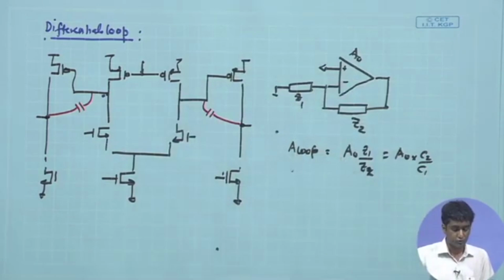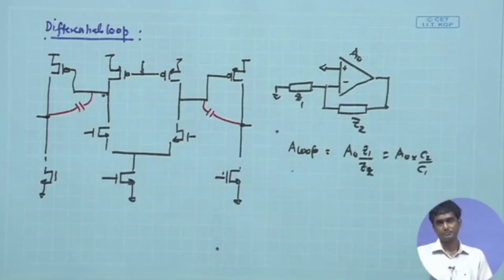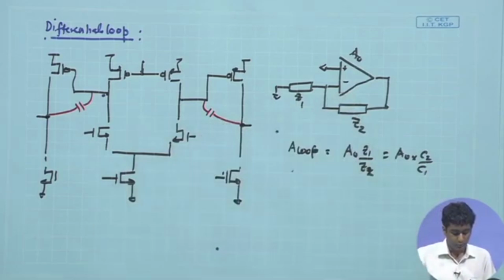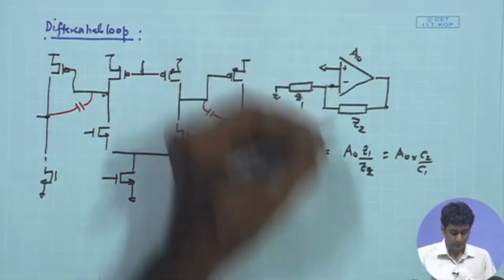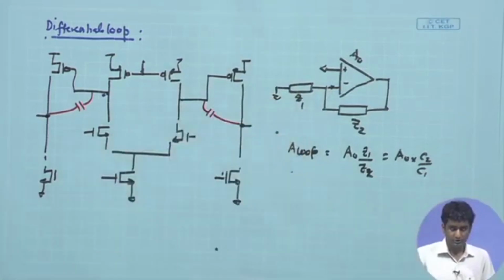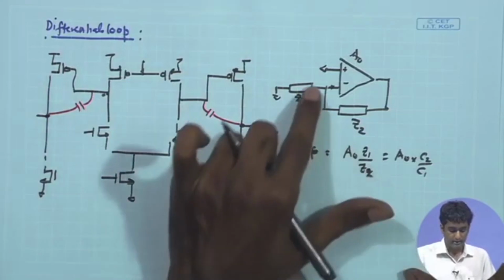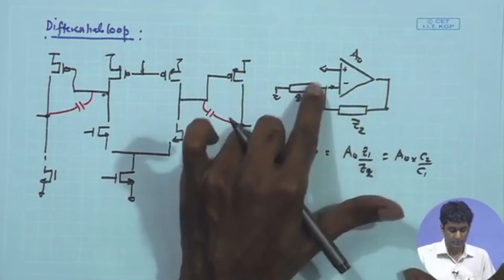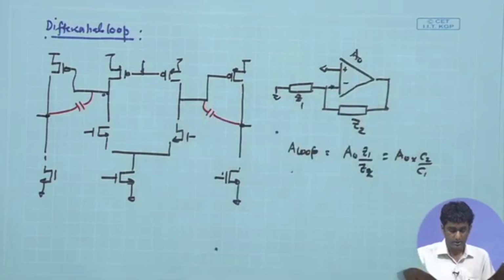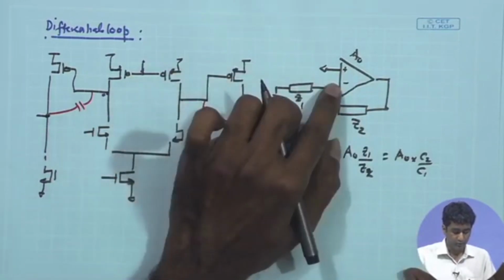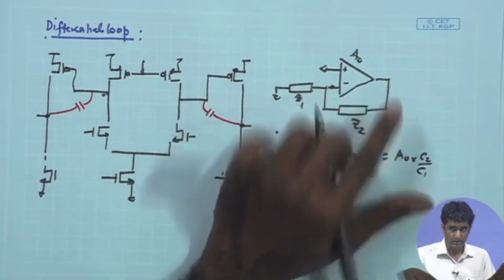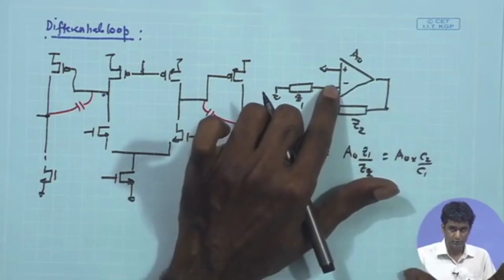And in order to analyze the differential loop stability, one of the ways is to open the loop at this point. So, when we are talking about oscillations, we can set the input signal to 0 and look at the loop's behavior, what is the phase across the loop, and in that case we can break the loop at a desired point. In this case, let us assume that the loop is broken at this point.